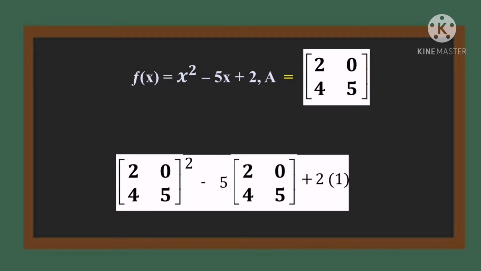As you can see, the problem here is that there is a single number, which is the 2. You can't add a matrix to a single number because this is not defined. So, we should make that 2 into a 2 by 2 matrix.